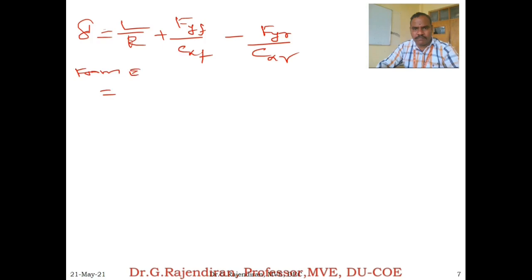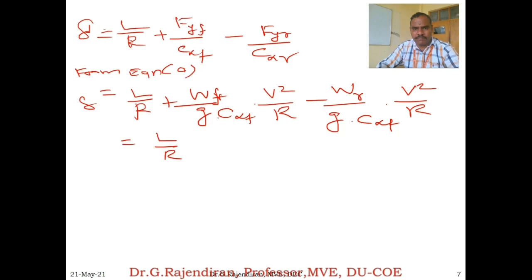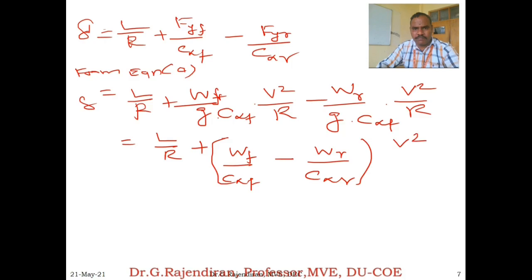From equations 4 and 4A, delta is equal to L by R plus WF by g C alpha F into V square by R minus WR by g C alpha R into V square by R. So we can say L by R plus, in brackets, WF divided by C alpha F minus WR divided by C alpha R, times V square by gR.